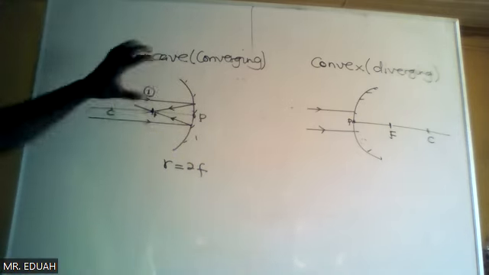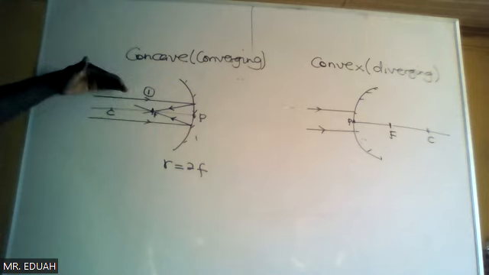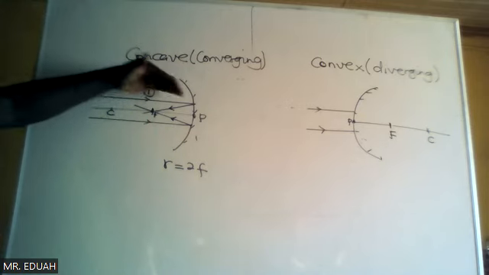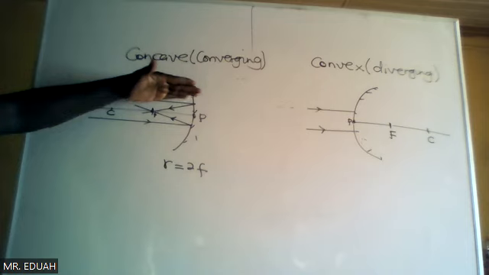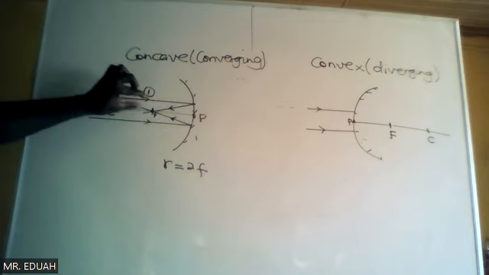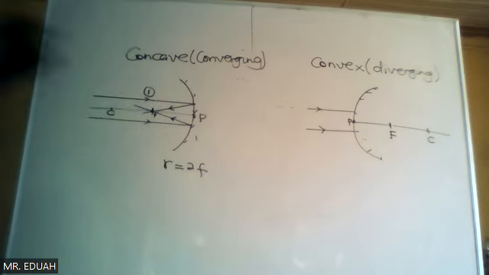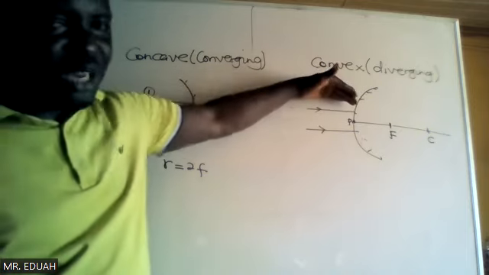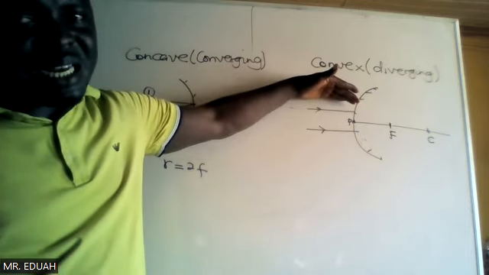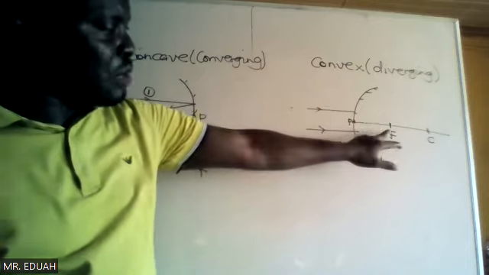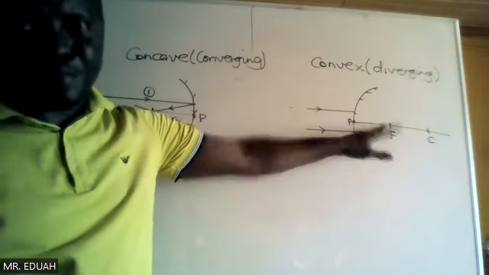It's the same principle as this. Once the rays are parallel to the principal axis, the reflected rays would either converge or pass through. This one will be diverged, but the diverted ray always appears to be coming from this point, the principal focus.